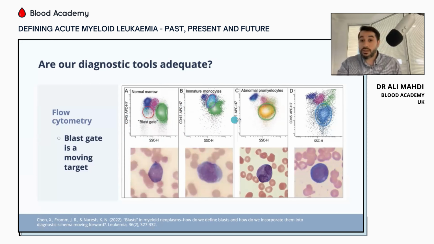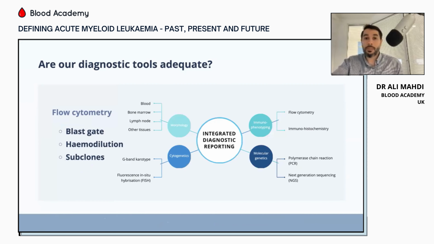For acute promyelocytic leukemia, because they're heavily granulated, the side scatter will be increased, and hence they'll be pushed up even further. And then you have erythroid leukemia, which may not actually express any CD45 at all. So the blast gate, and where you draw those lines and circles, is a moving target and open to some interpretation in correlation with the morphology.